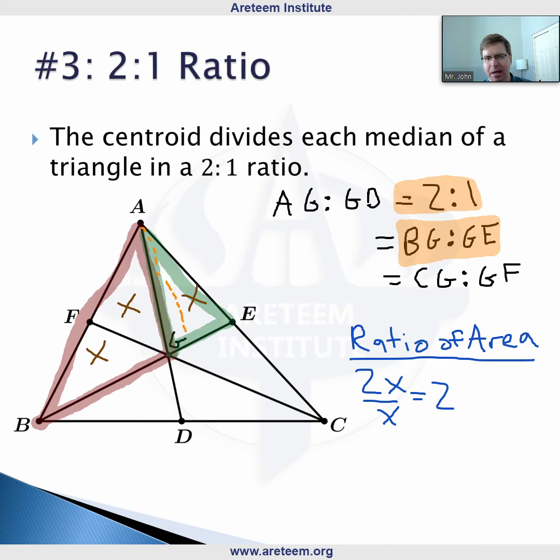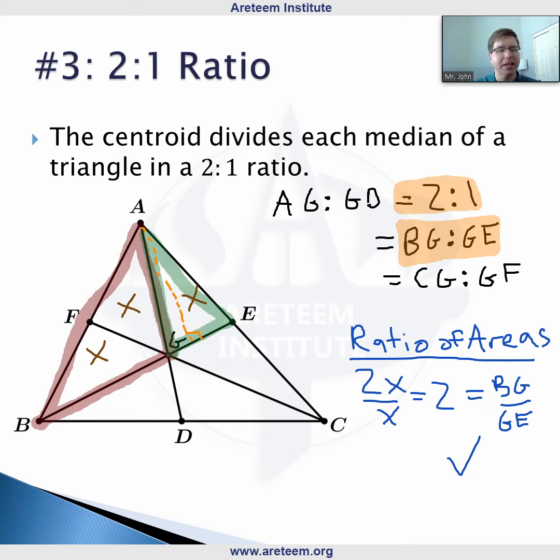They have the same height in this case. That means that that ratio of areas is actually just the ratio of bases. So if we look at that ratio of areas, it's BG to GE. And lo and behold, that's exactly what we want. That is the 2 to 1 ratio we're trying to prove in this case.